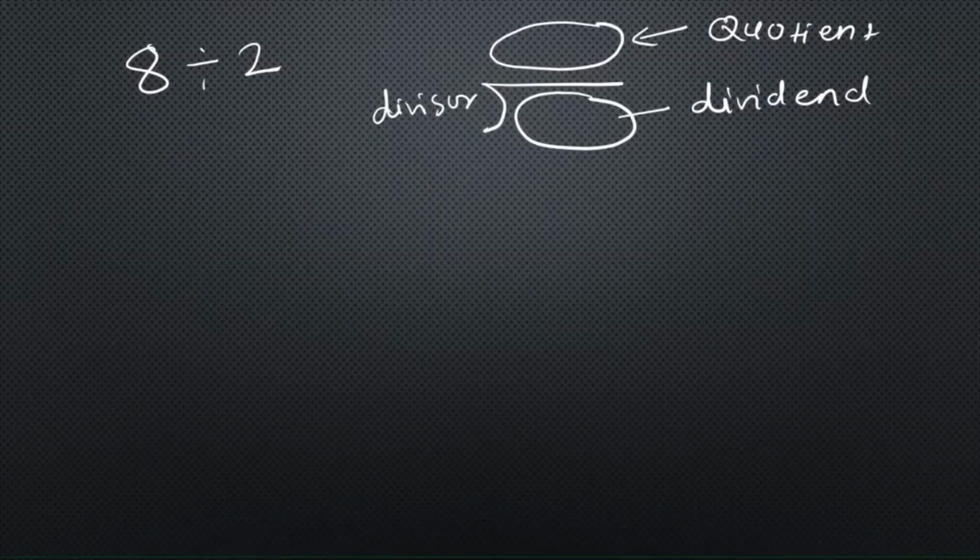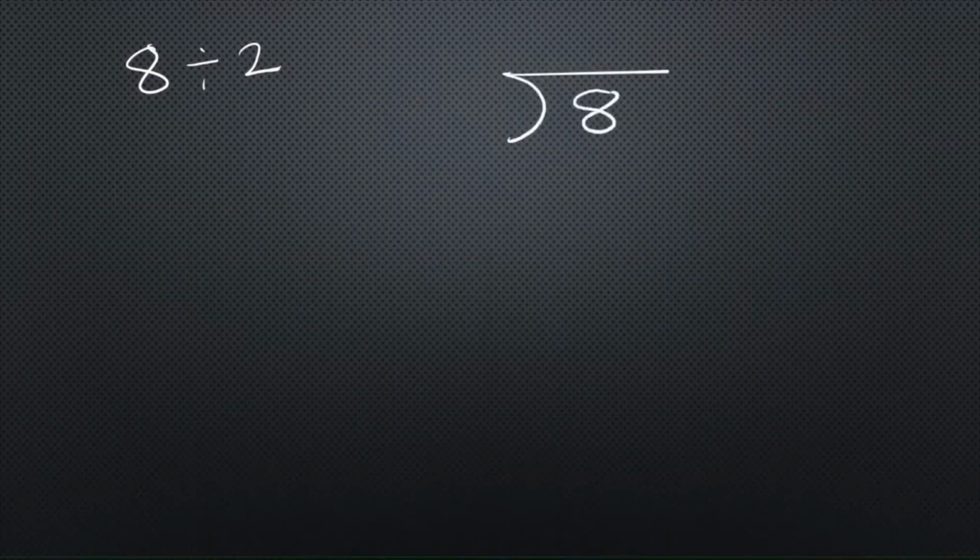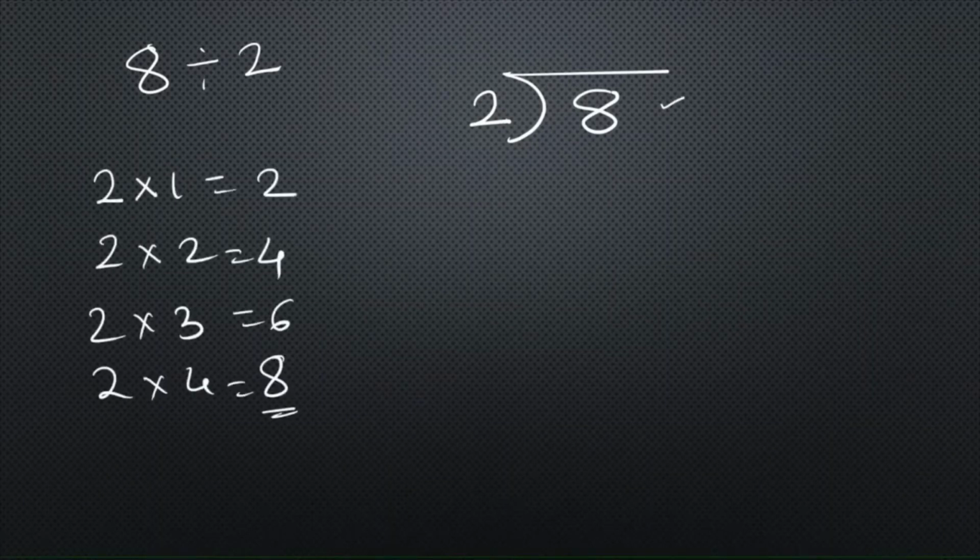So we write this given equation in this format. Here I write 8, which is our dividend. I write 2 here, which is our divisor. How many groups of 2 do I need? So the total amount will be 8. 2 times 4 equals 8.